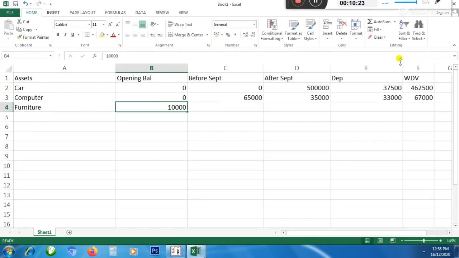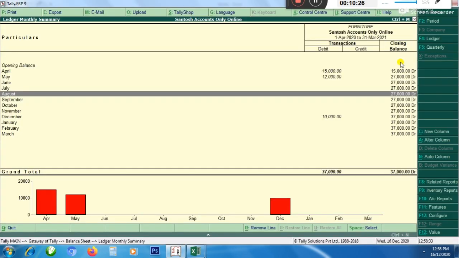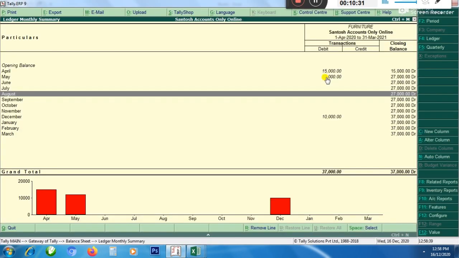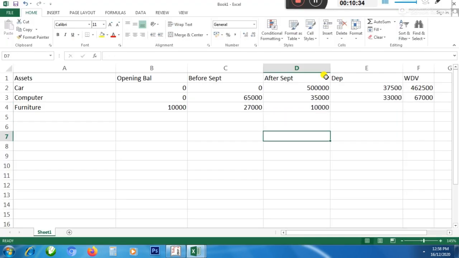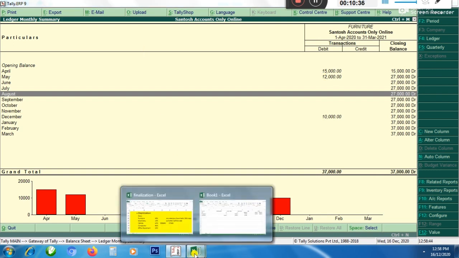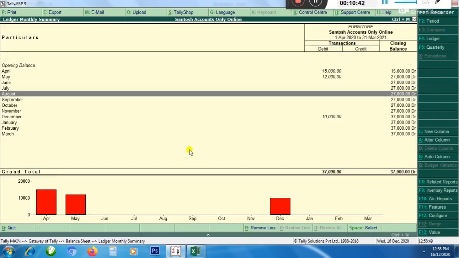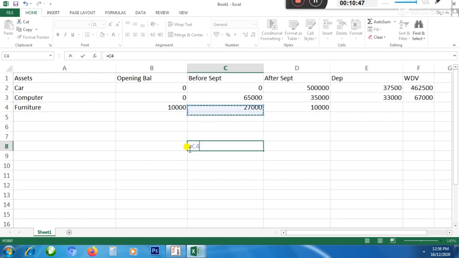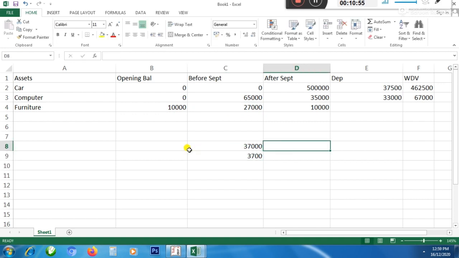Before value I'll put here just to explain. Before value is 27,000. Then after value is 10,000. Depreciation on furniture is 10%. So before value and opening balance you add, and on this you find 10%. And on after value, that is 10,000, you find 5%, that is half the rate.